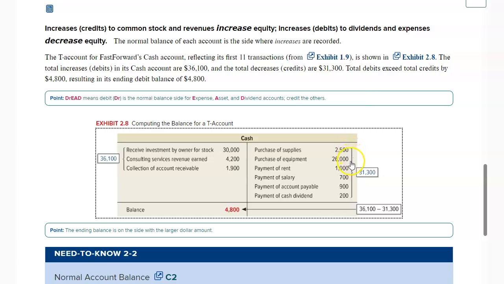We paid for supplies, we paid for equipment, we paid for rent, etc. We add them all up, and we end up with $36,100 on the left side, the debit side. We end up with $31,300 on the right side, the credit side. The difference is $4,800, and it's going to go on the side that has the most money in it. The higher amount of money will determine where the balance is. So the balance is $4,800 on the debit side.